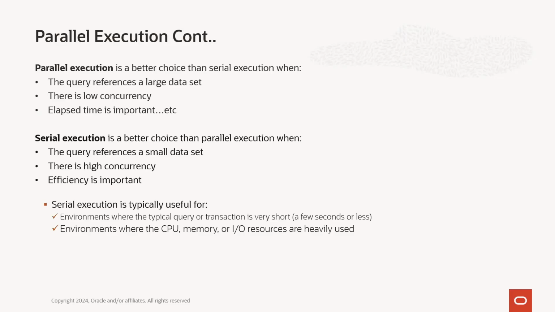It's a resource intensive operation. If enough resources are not available, or they are required for any other typical query or large query, then serial execution can be used. Also in environments where CPU, memory, or IO resources are heavily used, serial execution can be used.